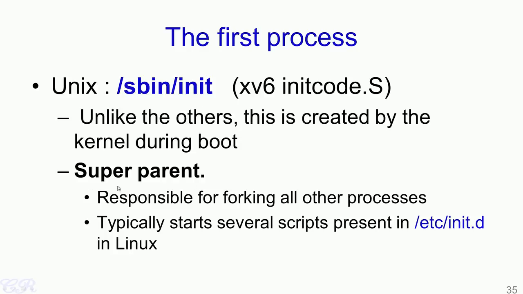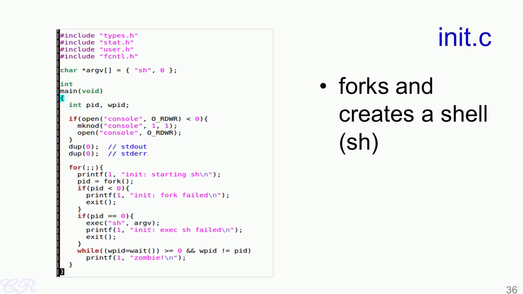This is sometimes known as a super parent and its main task is to actually fork other processes. Typically in Linux, the first process would start several scripts present in /etc/init.d.